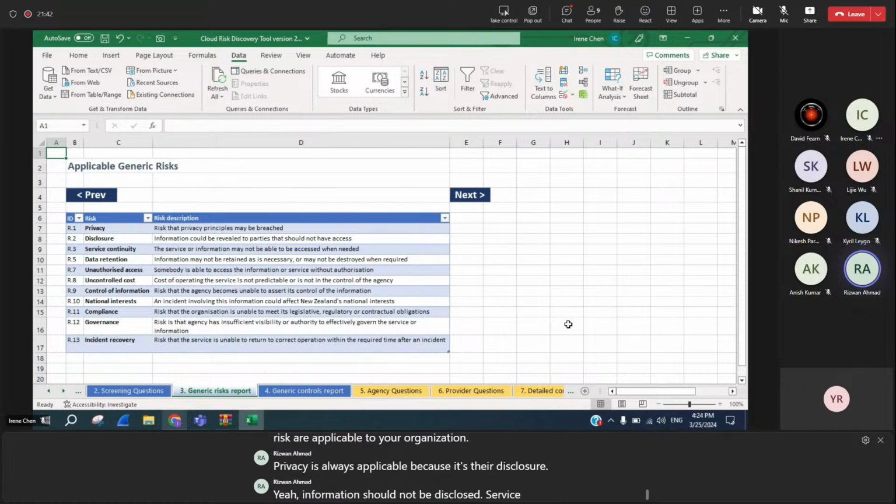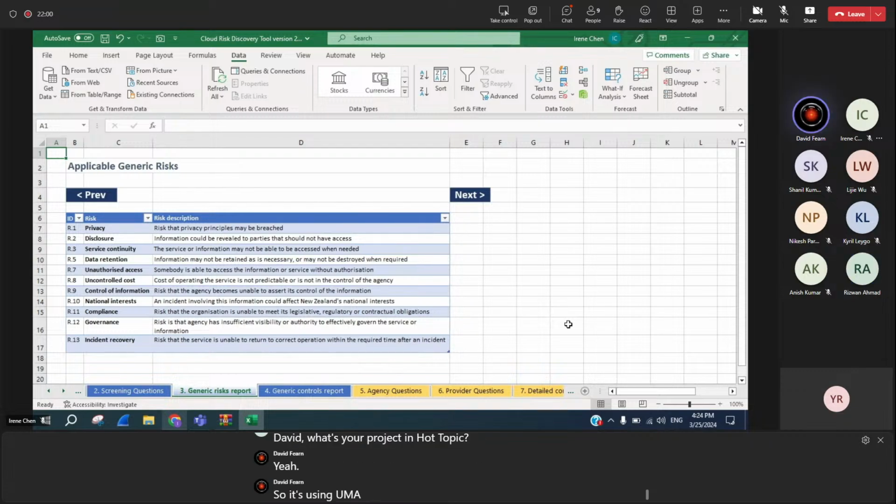Service continuity, which is based on availability. How long you're going to retain the data depends on your project. David, what's your project in hot topic? Yeah, so it's using AI to do call quality.